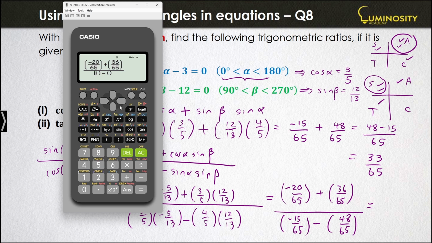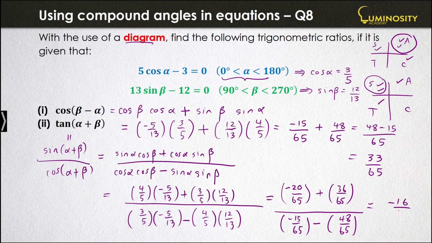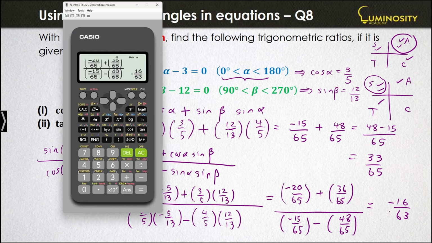And then over here we're going to have -15/65, and then 48/65, and that is a minus in the middle there. Okay, and we get -16/63. So the denominator has actually changed, which is interesting. After all the simplification, it must have boiled down and simplified.